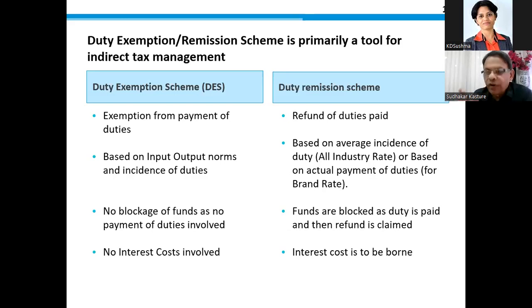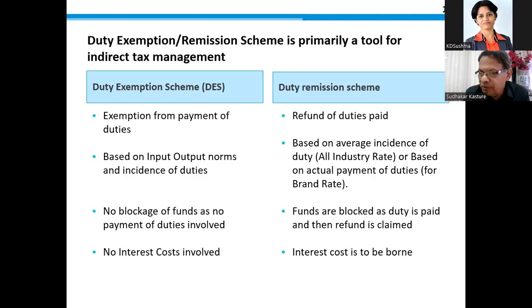Please understand, the word itself suggests drawing back. So when you have paid the duty, then you will take it back. Whatever duty you have paid, if the same duty you are taking back, how can it be said that it is an incentive? It is not an incentive. It's a tool of indirect tax management.